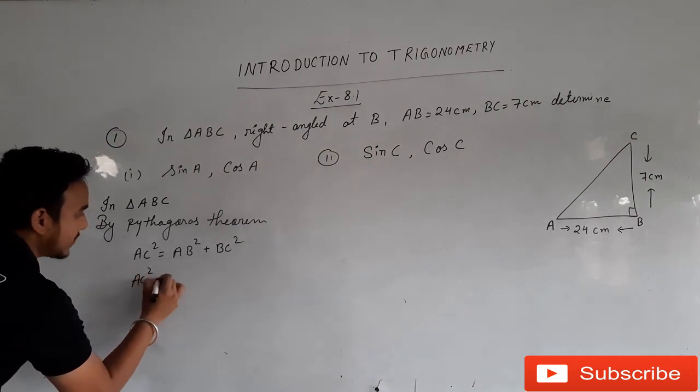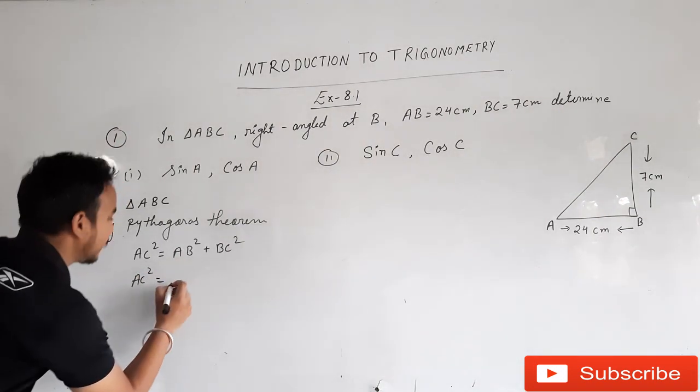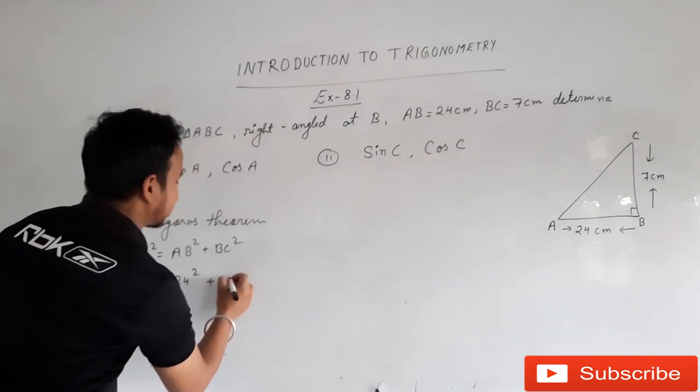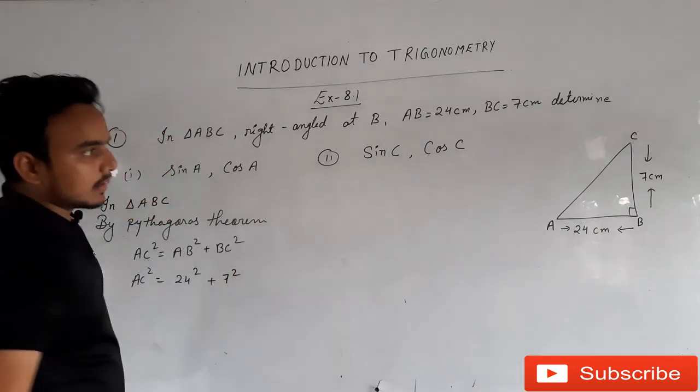AC square is equal to 24 whole square and 7 whole square. Clear?